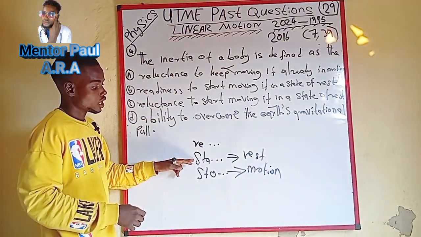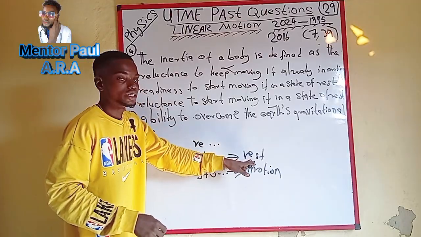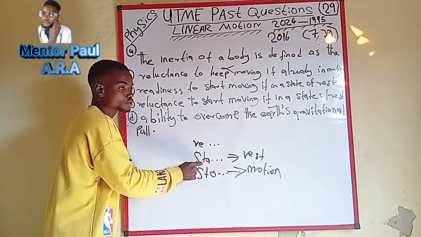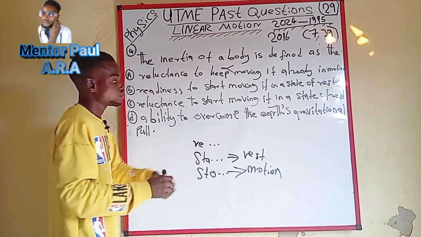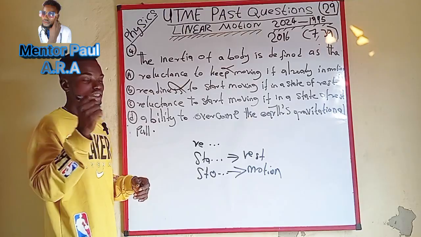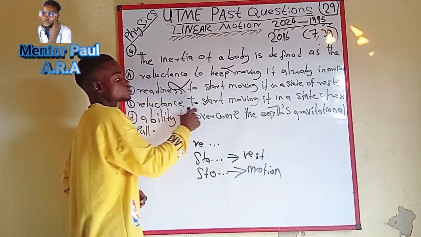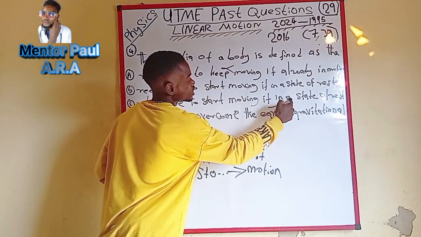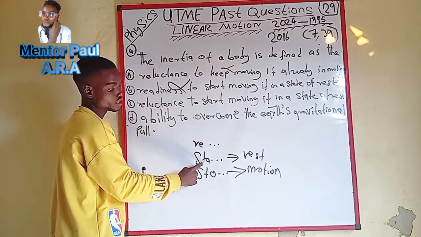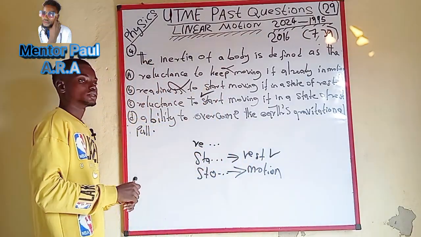So reluctant to start moving means the weakness you have to start moving. So here it doesn't want to move if you're talking about inertia. Option C says reluctant to start moving if in the state of rest. So C is the option that is correct.